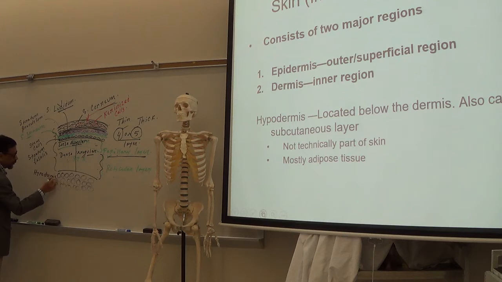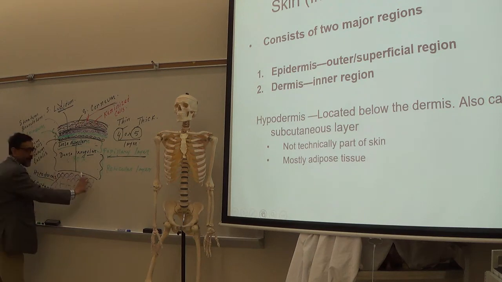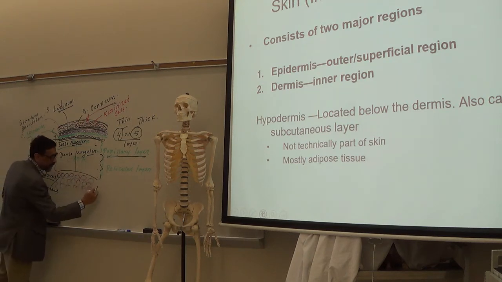Hypodermis. That means below the dermis. Also called subcutaneous. Sub means under, cutaneous means skin. Same thing, hypodermis or subcutaneous layer, which is actually a layer of adipose tissue or fat.